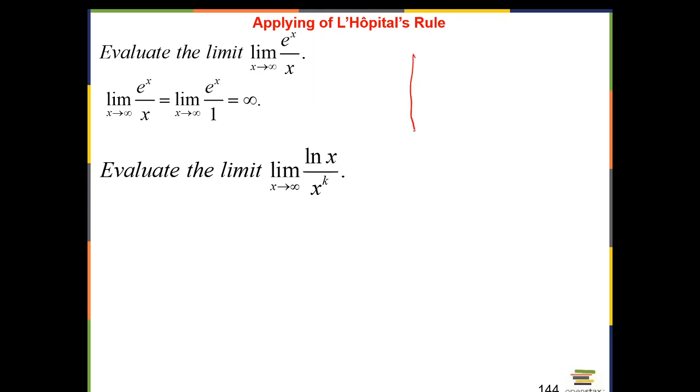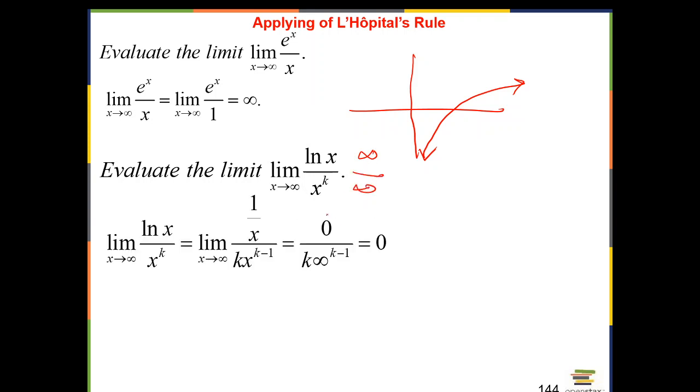Remember, ln looks like this, right? So when x approaches infinity, ln of infinity goes to infinity. And when x approaches 0 from the right, it goes to negative infinity, right? All right, so here, ln of infinity is infinity, and this is infinity. So that's what we get.